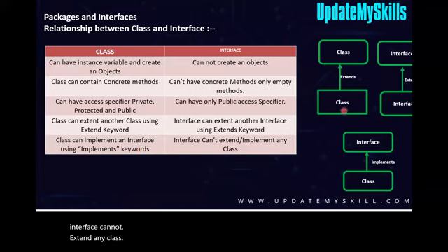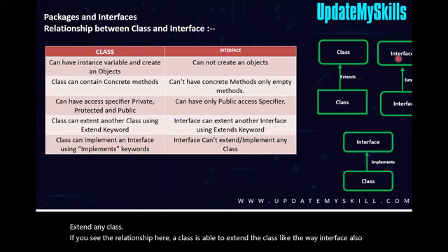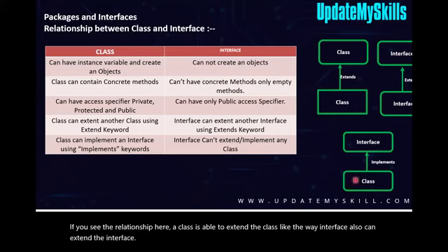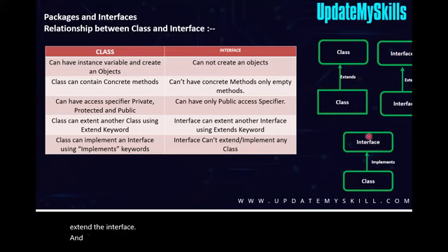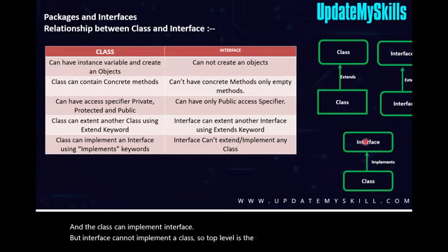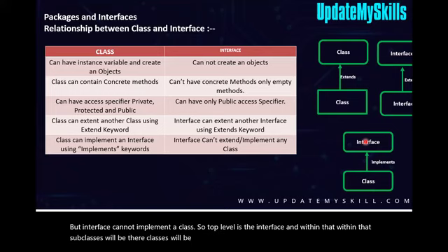If you see the relationship here, a class can extend a class, and in the same way an interface can also extend an interface. A class can implement an interface, but an interface cannot implement a class. So the top level is the interface, and within that, subclasses, classes will be there. Those classes will provide the actual implementation.